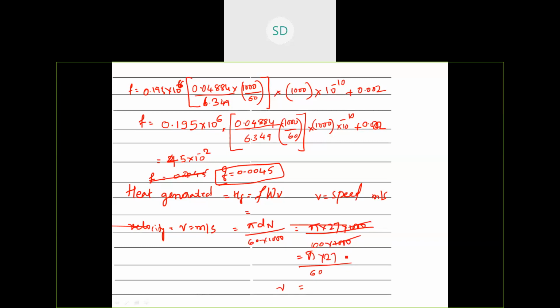Someone check it. 1.413 meter per second.